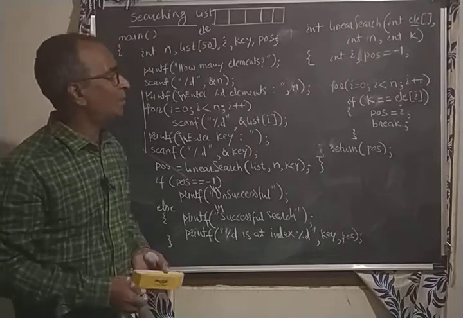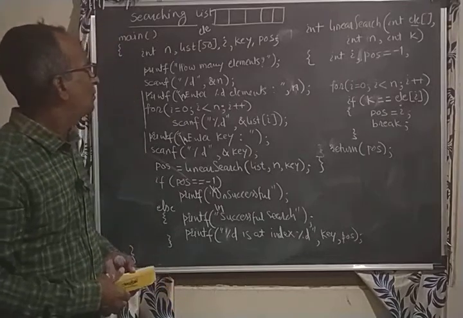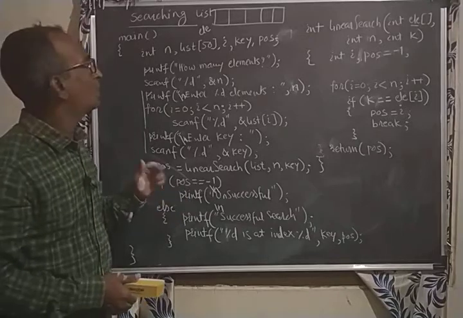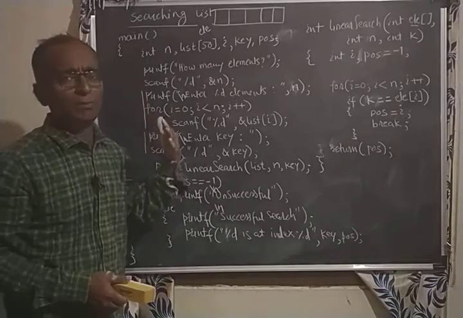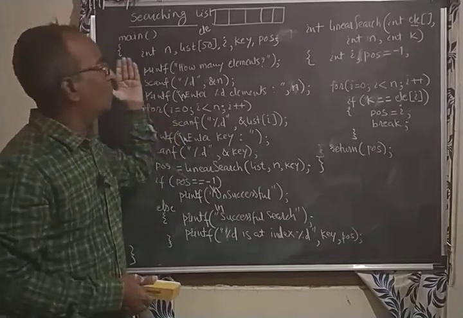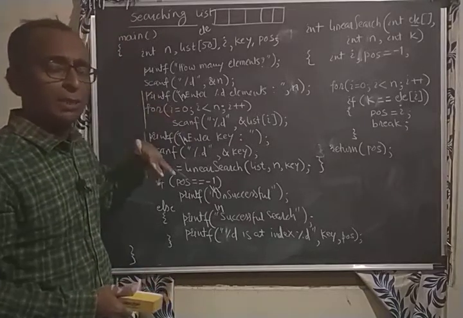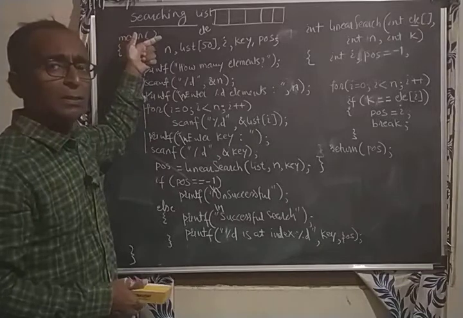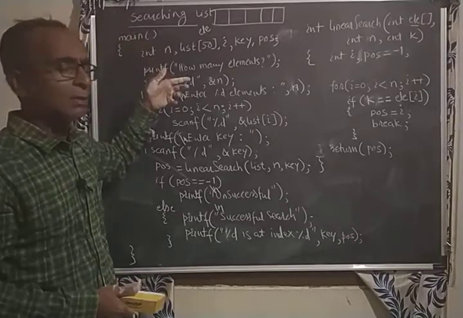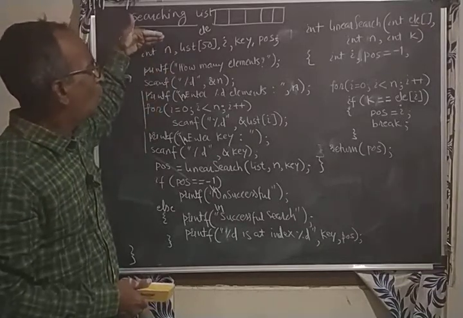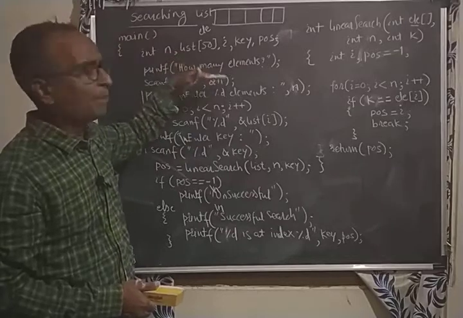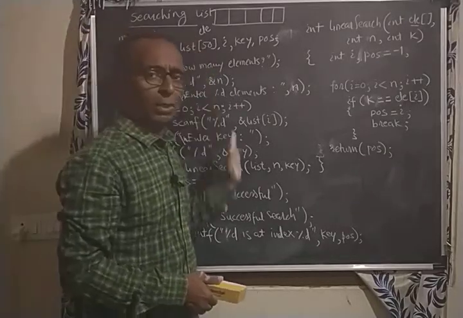So what we have seen in this video is what searching is. Then the two types of searches, that is linear search and binary search. Linear search can be done on an unordered list, and we saw what exactly linear search is and what the algorithm for it is.